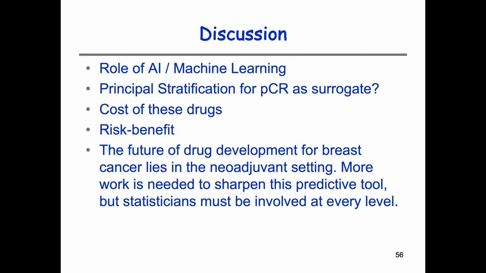And what about the cost of these drugs? And how do we get a clear idea of risk benefit? Again, success in a phase 3 trial is achieving a certain EFS, DRFS, but what about safety?